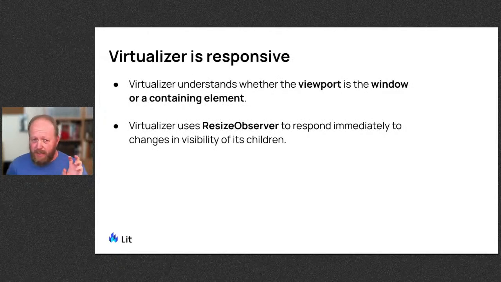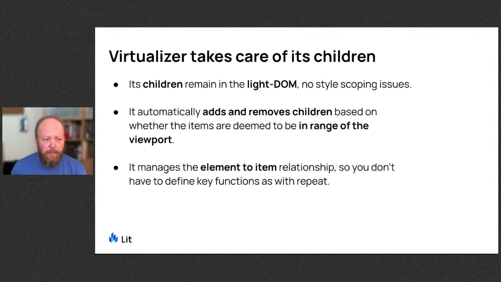It's also very responsive. If you zoom or increase your text size or resize your browser or frame size, or if any of the child nodes themselves change their size because of some other thing that has nothing to do with Virtualizer, it's going to react and adjust all of its concepts of what should be in view in real time. So it'll feel just like a regular rendered collection.